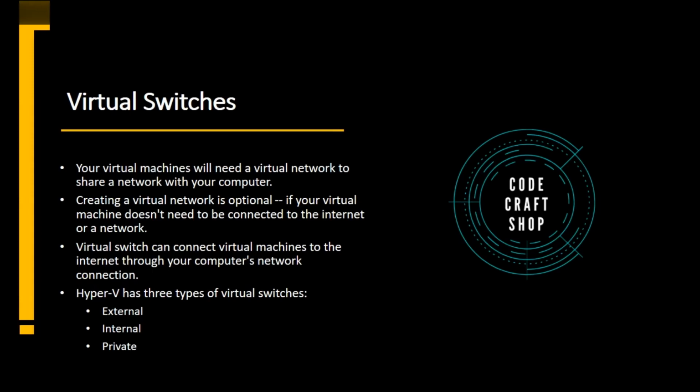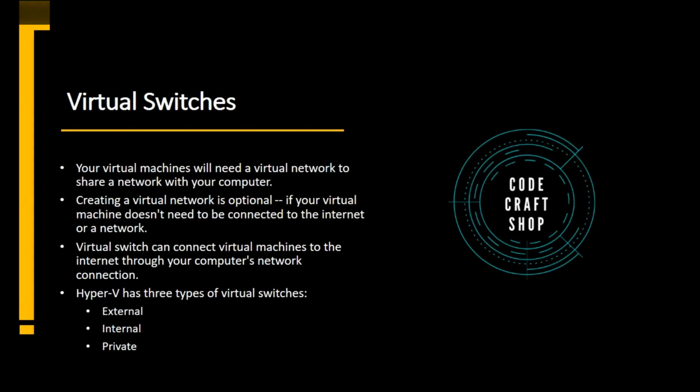Creating a virtual switch is optional. If we do not have any internet requirement and we are working only on our virtual machine, then there is no need to create a virtual switch.